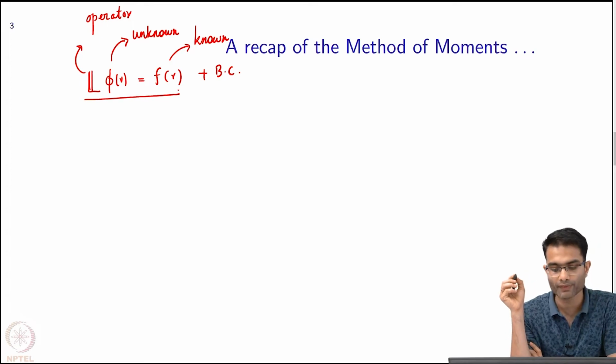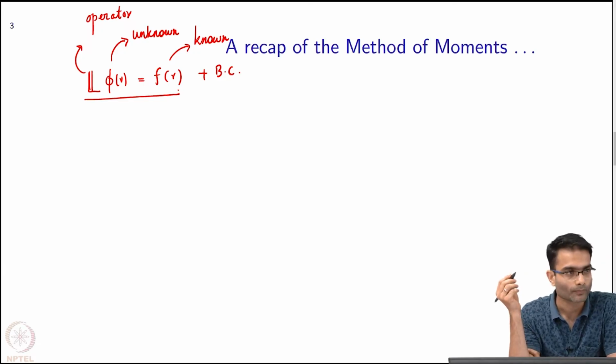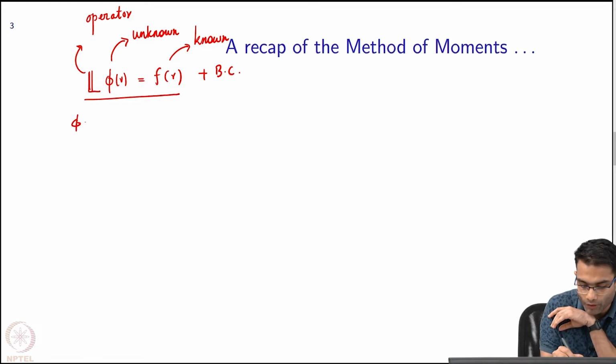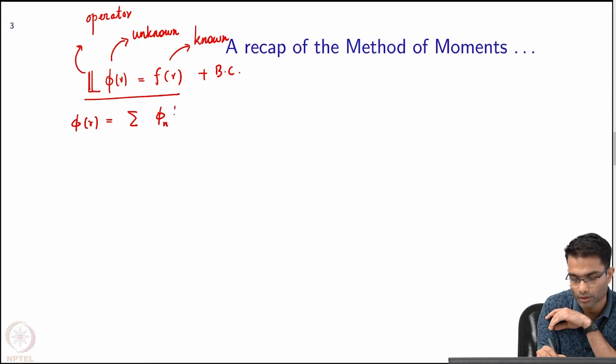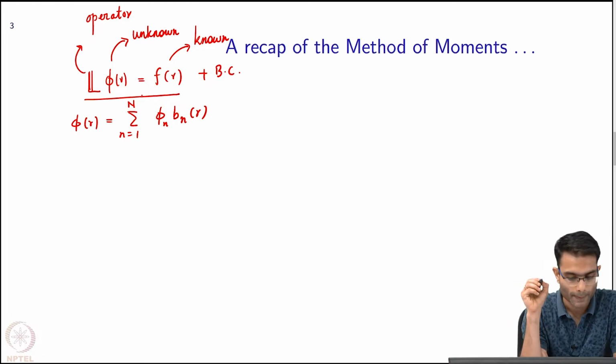What did we do when we went to the method of moments? What was step 1? Basis functions, right. So, I said phi of r, I can write in this form, a set of basis functions, right.